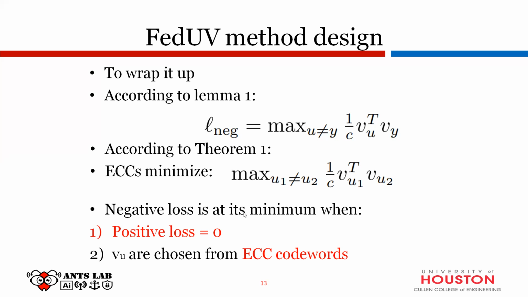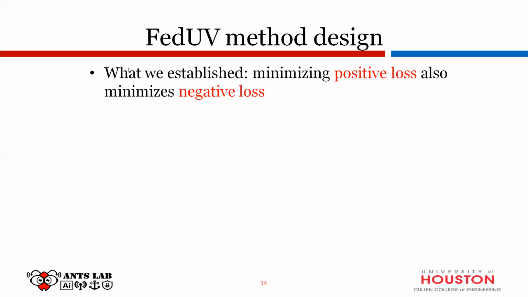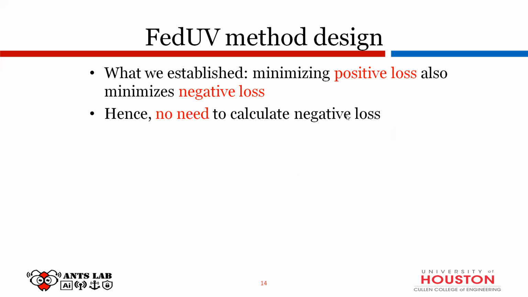But if we consider the privacy issue, we don't even need to share those embedding information in order to calculate negative loss, because you can already know when the negative loss is minimum. So what we established is that minimizing positive loss also minimizes negative loss. Hence, there is no need to calculate the negative loss.